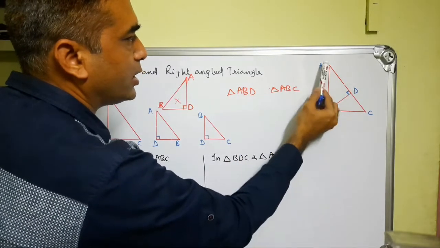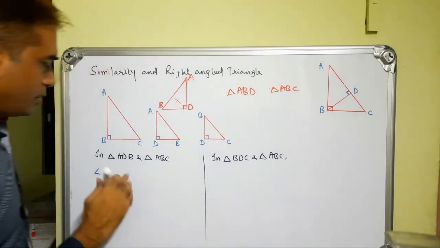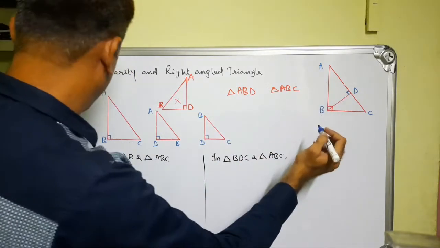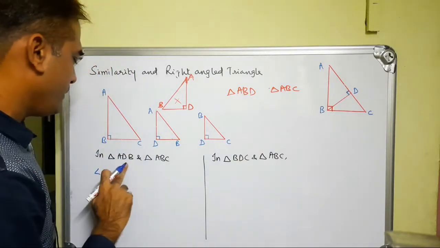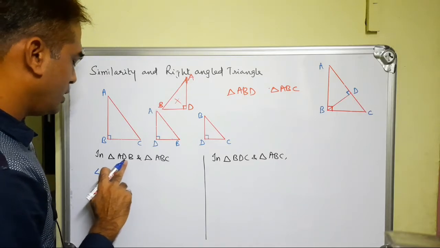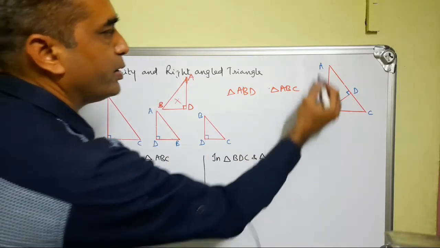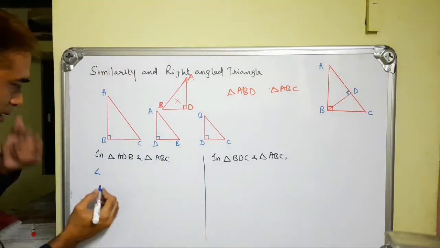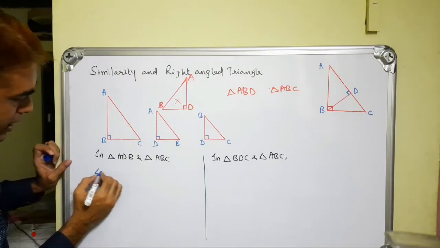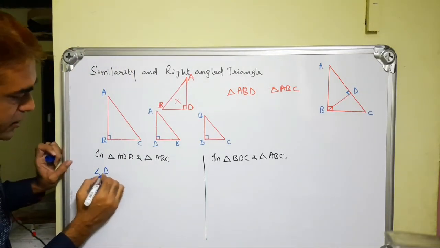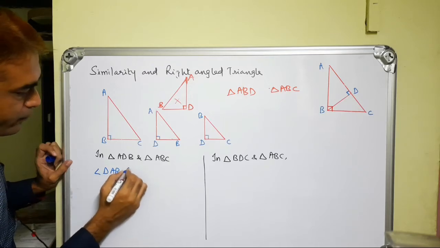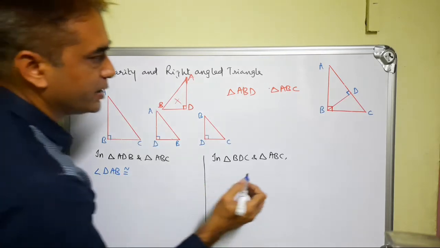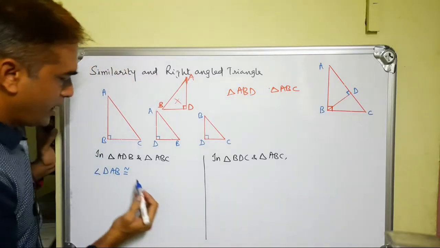You can write angle DAB, or angle BAD or DAB. So here we'll write angle DAB. Angle DAB is congruent to angle.